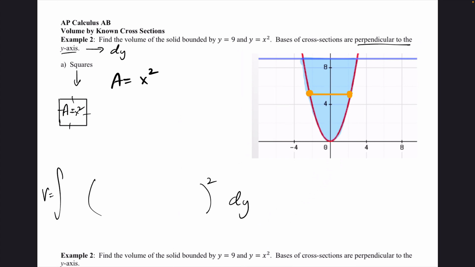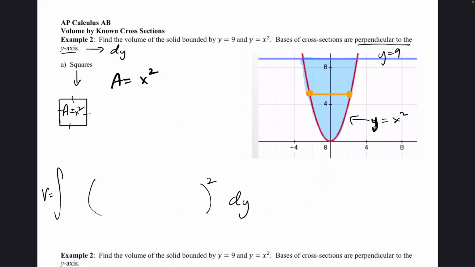So we have to figure out how to find that distance in here. The blue was y equals 9, and the red was y equals x squared. Well, y equals 9 is not going to really affect the area.